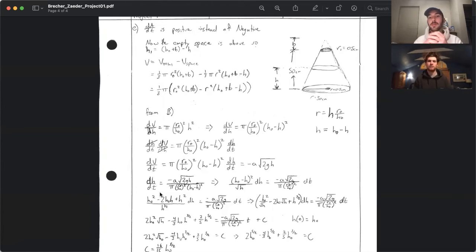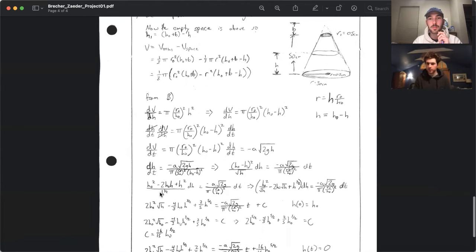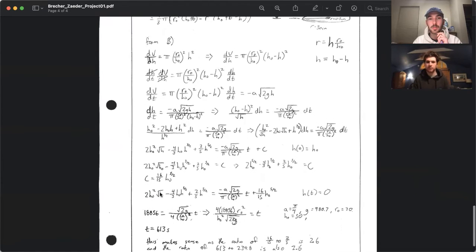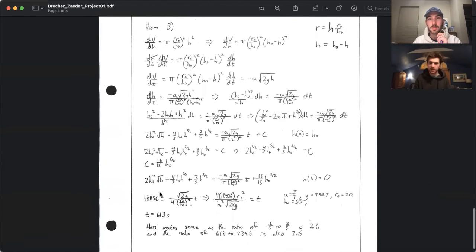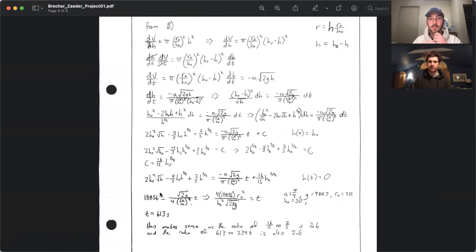And that took into account the cone being flipped over and how it would be draining a little bit differently. We then redid the integral pretty much the same way that we had in parts B, C, and D, and found a different constant of integration that instead of being 2/5 was 16 over 15, and then the rest of it was the same.